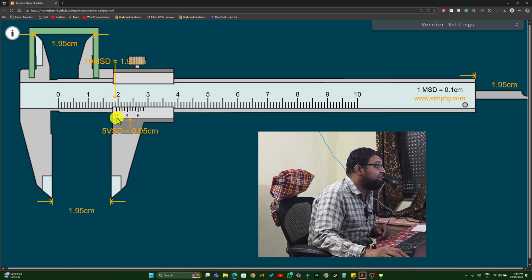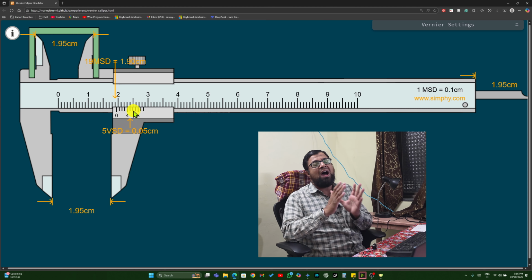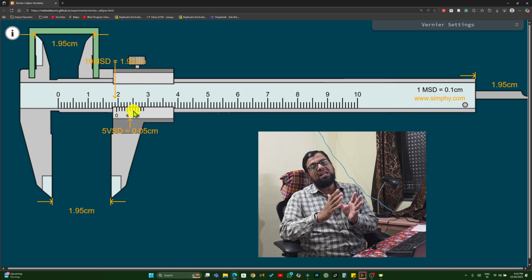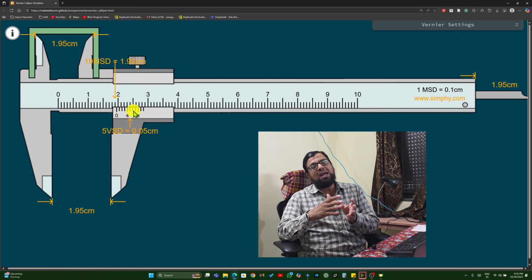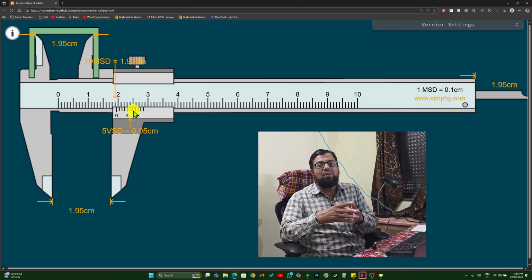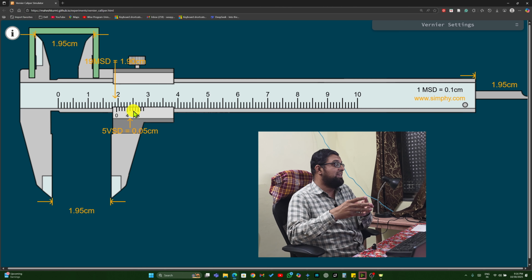And if you see which vernier scale is coinciding here, you can easily observe that the fifth line is coinciding. So therefore 5 vernier scale divisions means we have to multiply it by the least count. So it will be 5 multiplied by least count, that is 0.01 centimeter. So it will be equal to 0.05 centimeter.